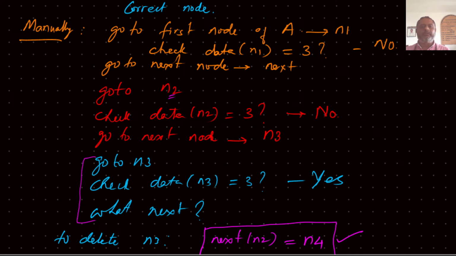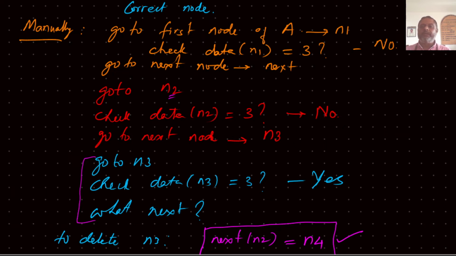So we begin with the first one. When we begin with the first one, we don't know where we came from, but we know where we are. We are at N1.